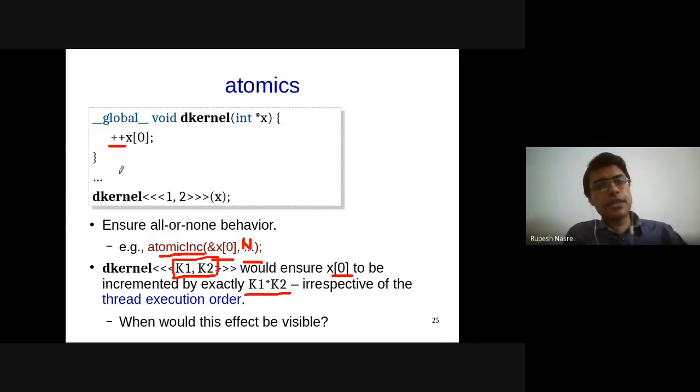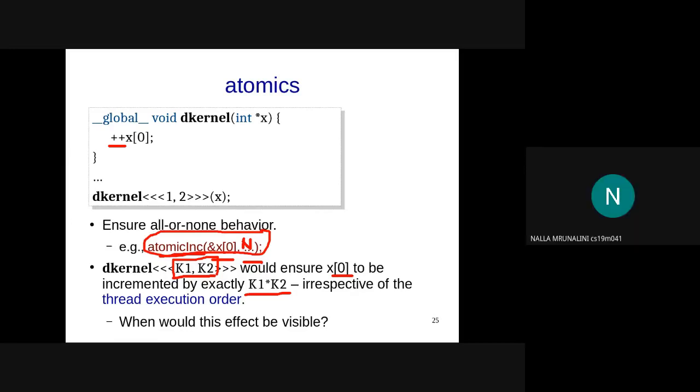Each thread is incrementing this value, not because of this, but because of this atomic instruction. Therefore, starting from, let's say, 0 value of x of 0, the final value is going to be K1 into K2. Okay, sir. I thought the previous code would increment it K1 into K2 times, but it will increment it only once. But this atomic increment will increment it by K1 into K2 times.